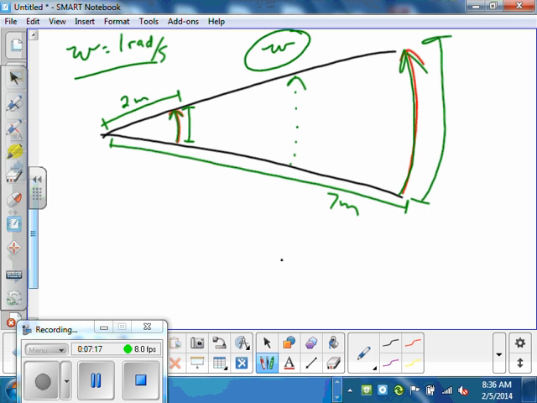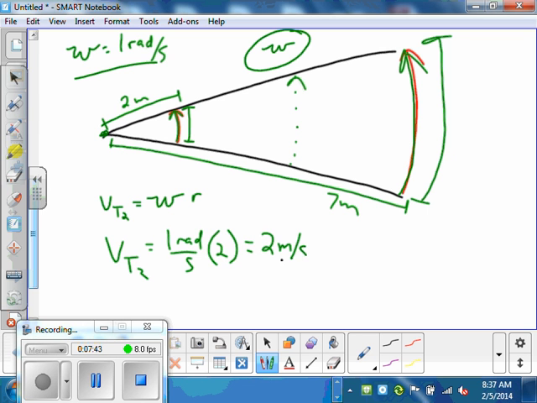So I can say my tangential velocity at 2 meters is equal to my angular velocity times my radius. So that's how far I am from the center of the path, right? So my tangential velocity at 2 meters is 1 rad every second, and my radius is 2, so my actual velocity is 2 meters per second.